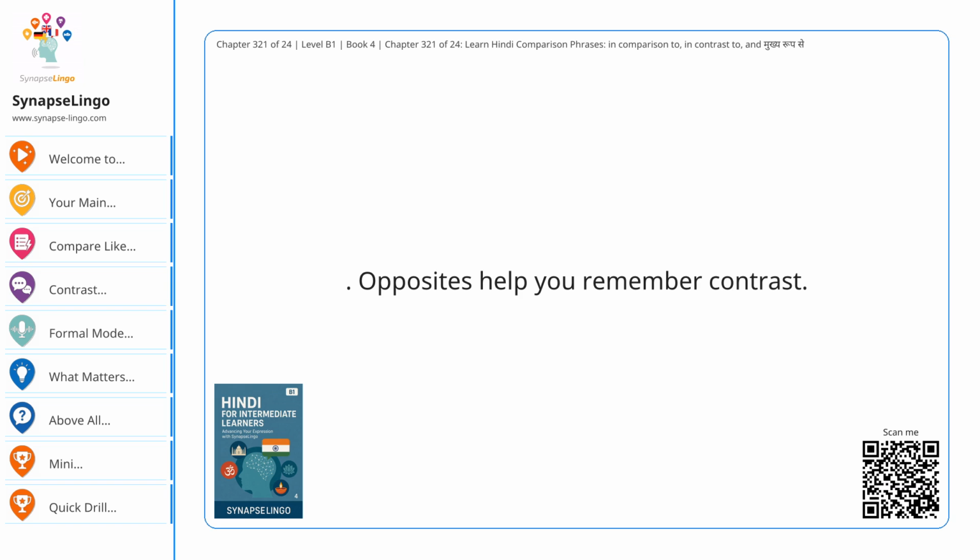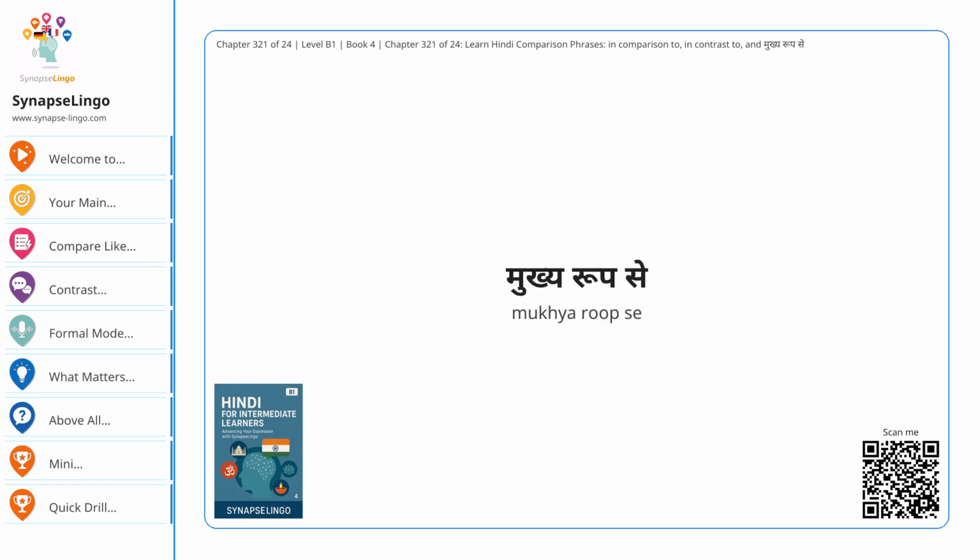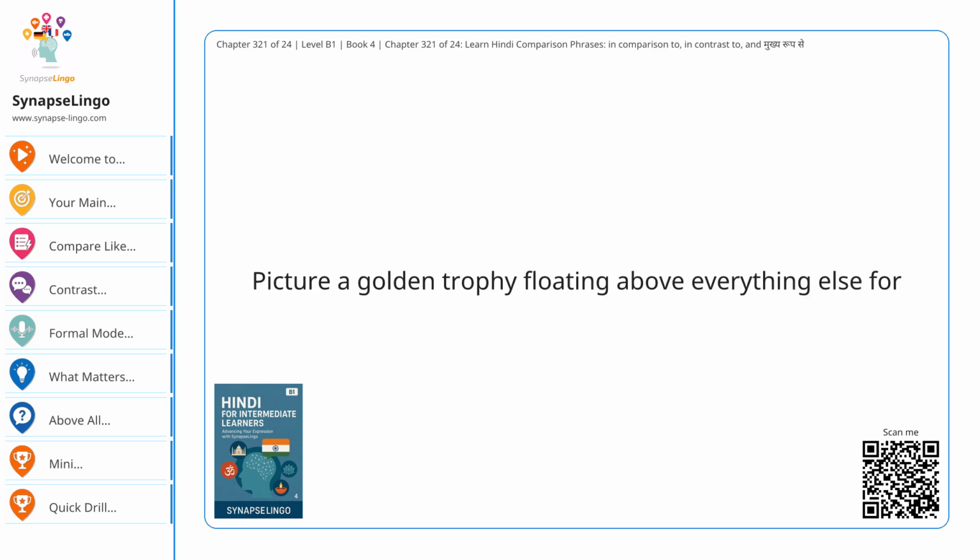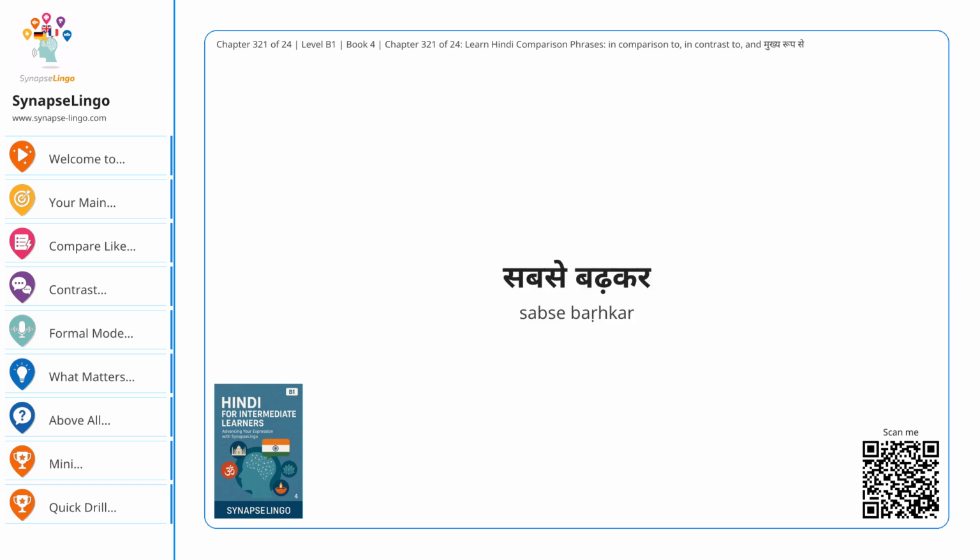Opposites help you remember contrast. Picture two office files tied together with red string for के संबंध में. The phrase links one topic to another. Picture a spotlight shining on one object for मुख्य रूप से. That is the main point. Picture a golden trophy floating above everything else for सबसे बढ़कर. That is your top priority.